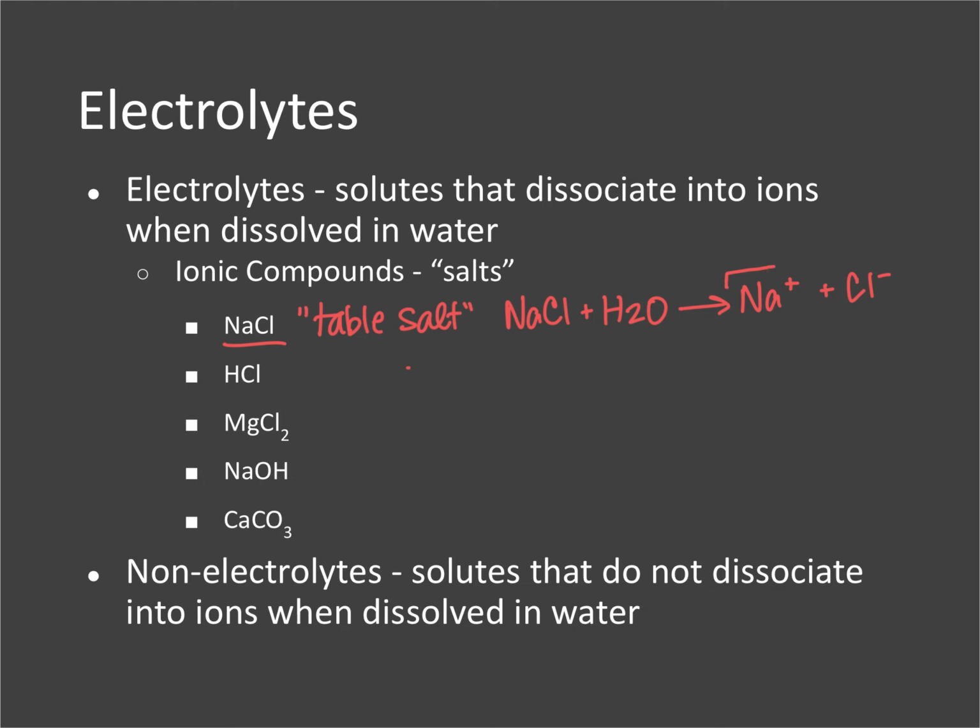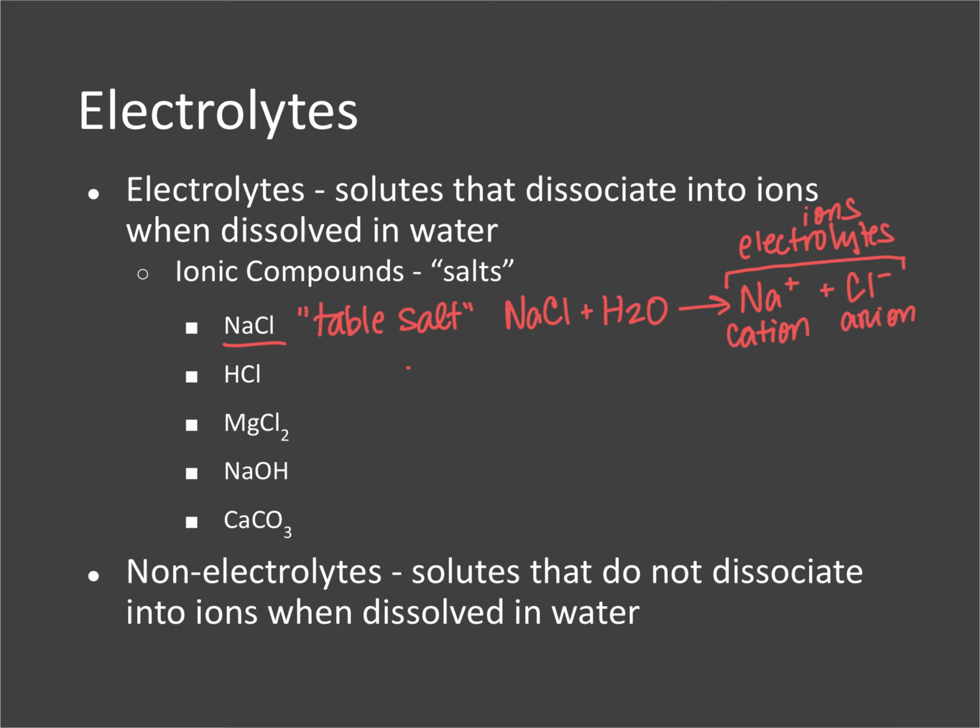And so sodium and chloride are the electrolytes, and they are ions. And notice that they have different charges. Sodium is a cation, which is a positively charged ion, and chloride is an anion, which is a negatively charged ion.